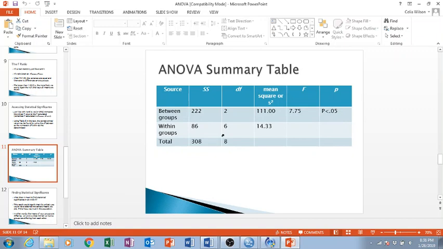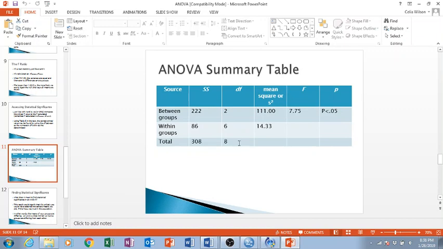So we're just going to talk very generally about it being the variability between groups, the variability within groups, and then of course the variability total. The degrees of freedom is calculated by looking at the number of groups you have minus 1. And then the within groups is looking at your sample size minus the number of groups.